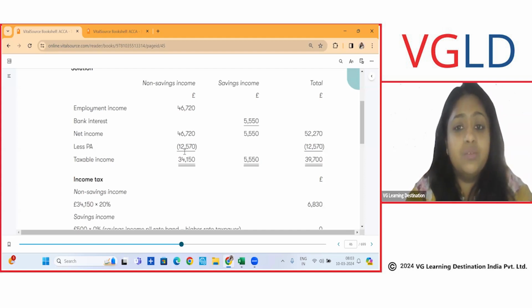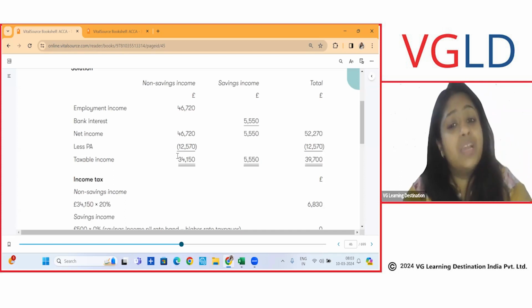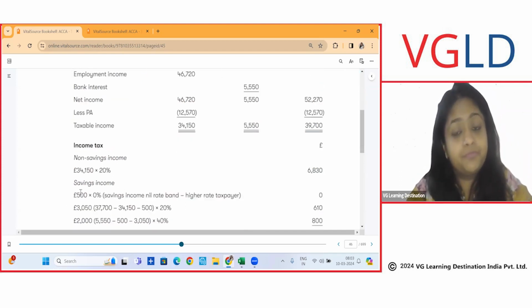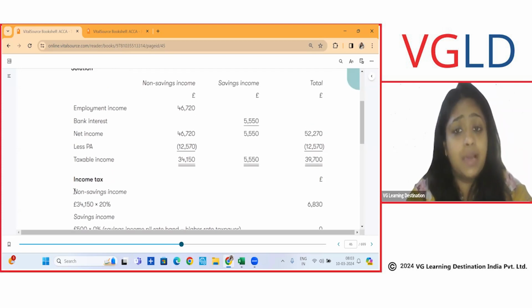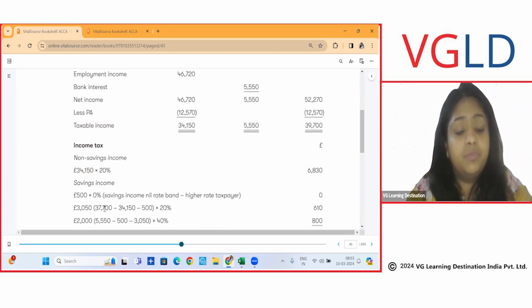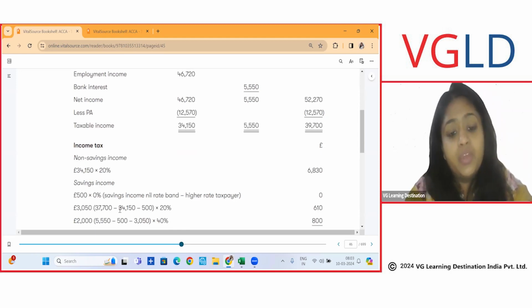I think that's where you made the mistake, Mohammed, right? You need to reduce 500 because I told you the nil rate band will also use the basic rate band or higher rate band, whatever is applicable. So when I see how much rate band is available from 37,700, I will reduce 34,150 and I will also reduce 500. Now we see that the rate band available is 3050 only.